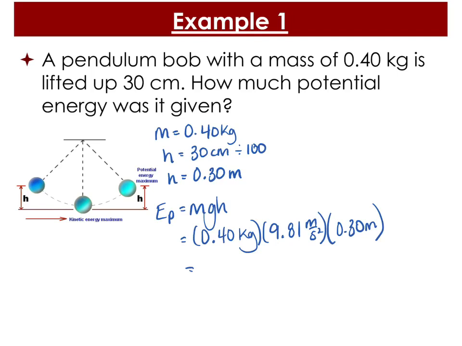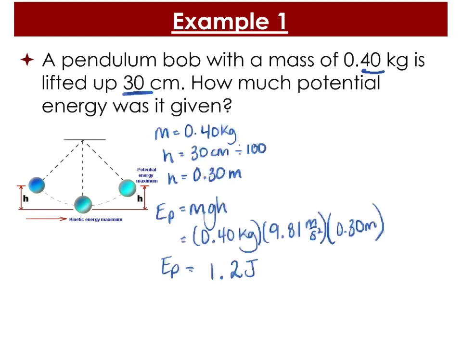Let's calculate that. I need two significant digits because 0.40 has 2 and 30 has 2. So that's 1.2 joules.